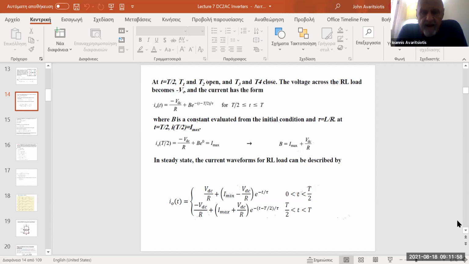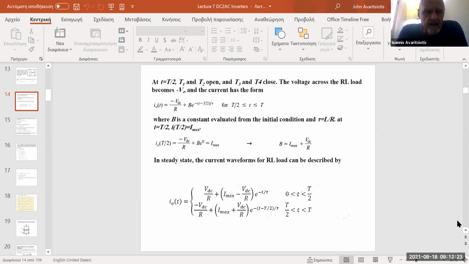So by knowing the value of tau, the value of VDC, the value of the resistive component of the RL load, and the value of I max, we can express the value of capital B as the sum of I max plus VDC over R.